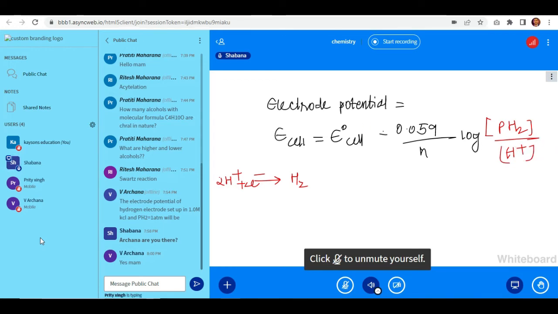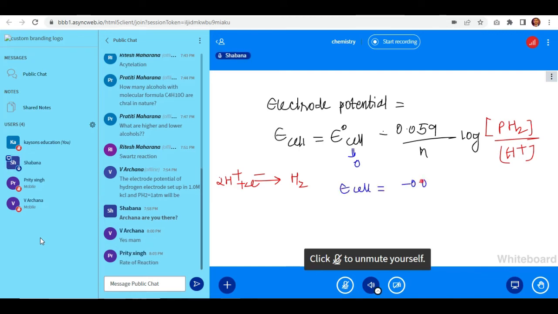Okay, and particularly when you are considering the electrode, in case of hydrogen electrode, E naught becomes zero. So with this E cell is equal to minus 0.059 by n, and how many electrons are involved here? 2 electrons.